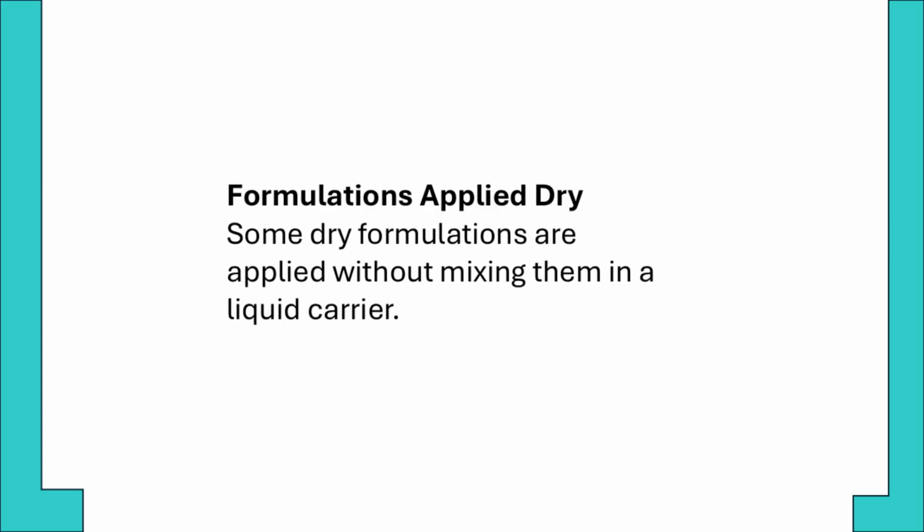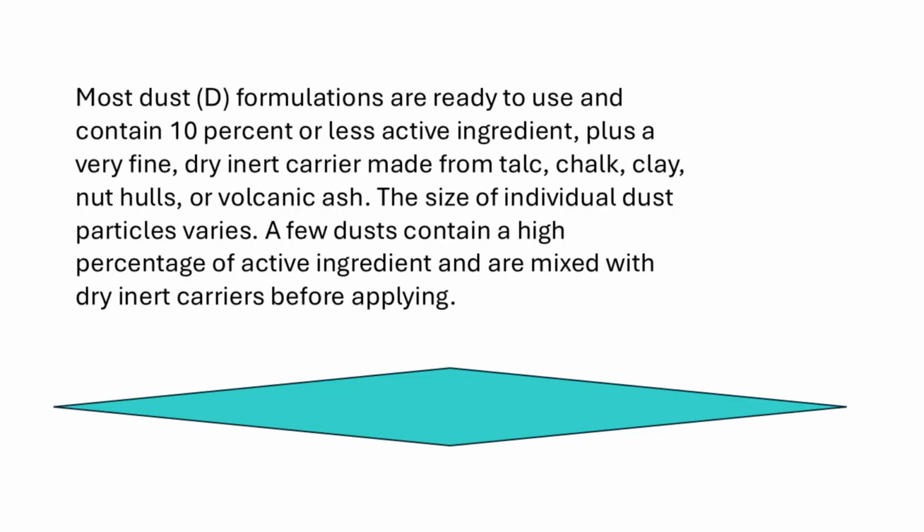Formulations applied dry. Some dry formulations are applied without mixing them in a liquid carrier. Most dust, known as D, formulations are ready to use and contain 10% or less active ingredient, plus a very fine, dry, inert carrier made from talc, chalk, clay, nut hulls, or volcanic ash. The size of individual dust particles varies.